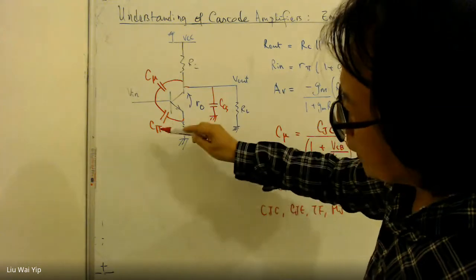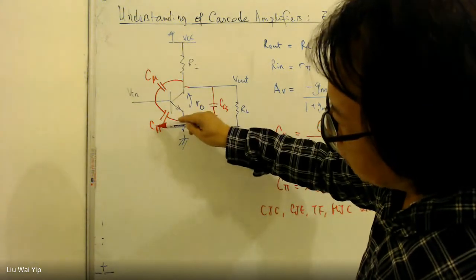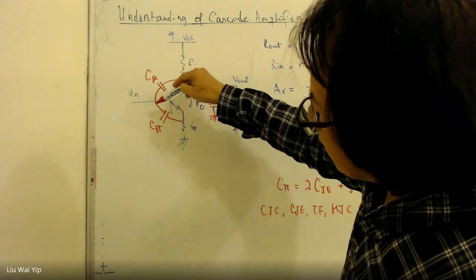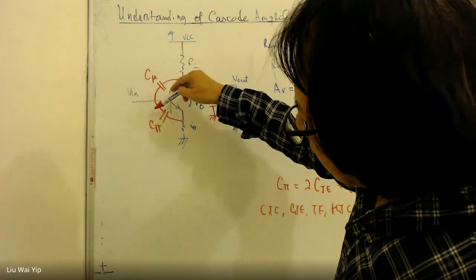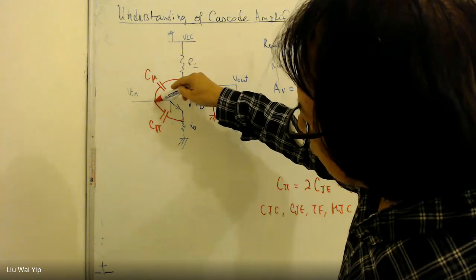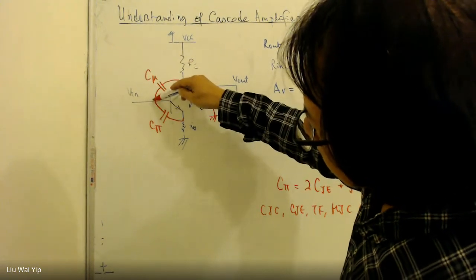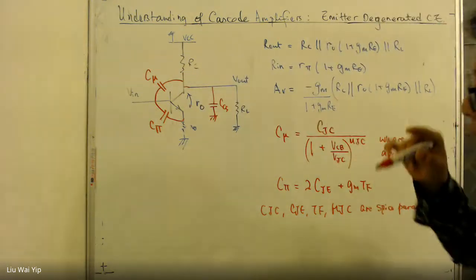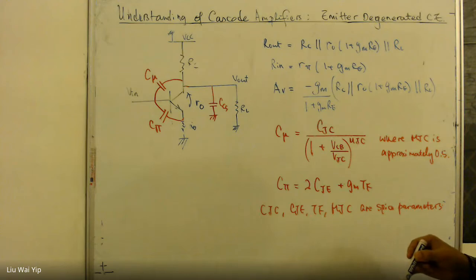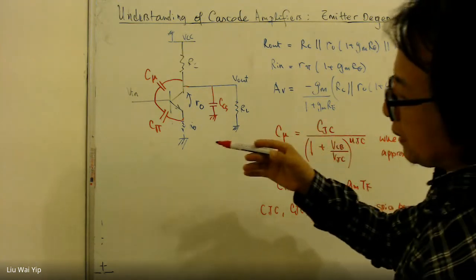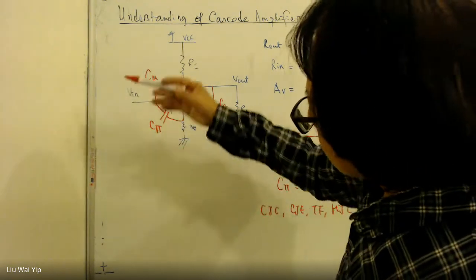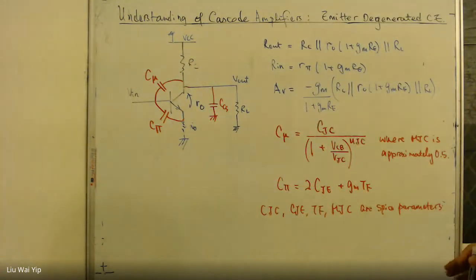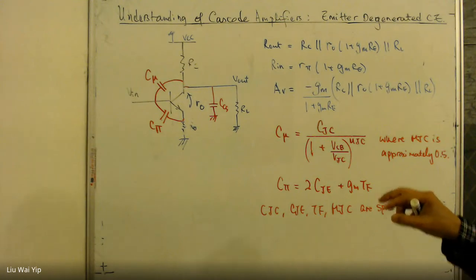And in a similar manner, the capacitance C pi has a lead connected to the base, and another one to the emitter. And this is the intrinsic capacitance. You cannot remove it. Same goes for this one and this one. They are all intrinsic. There's no way you can remove them.